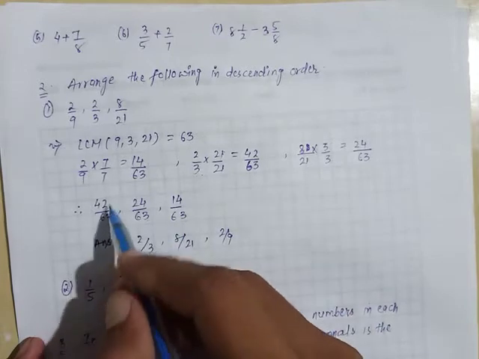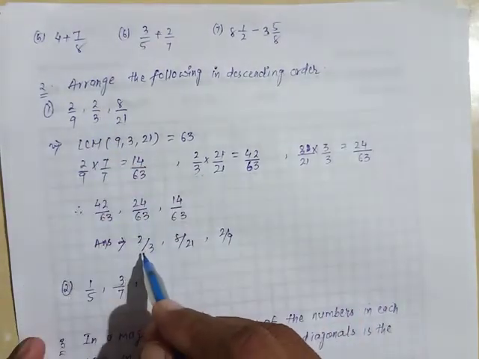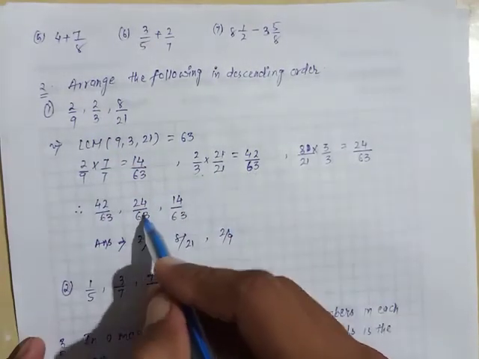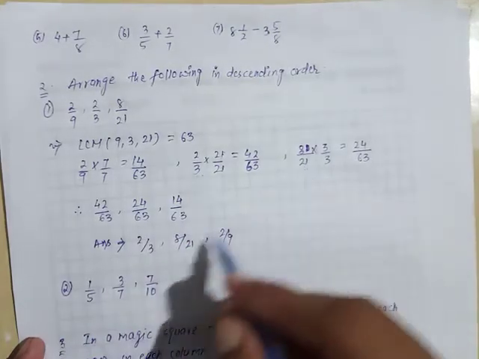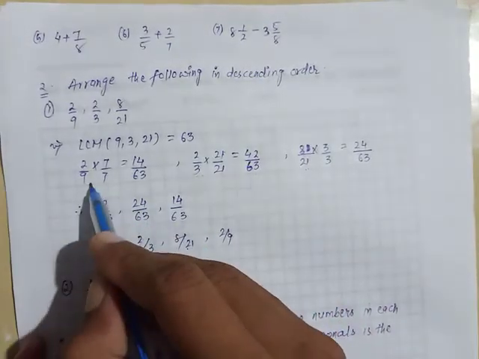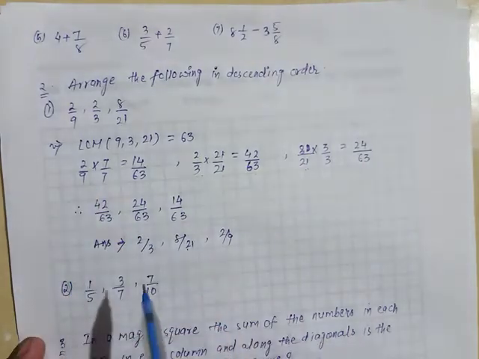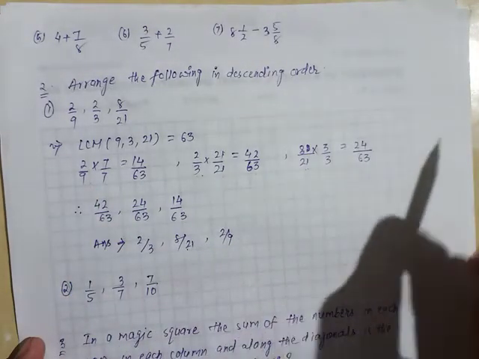So this is the 2/3, so we will write it first. This number is 8/21, we will write it at the second place, and 2/9 is the smaller one, so we can write it in the last.